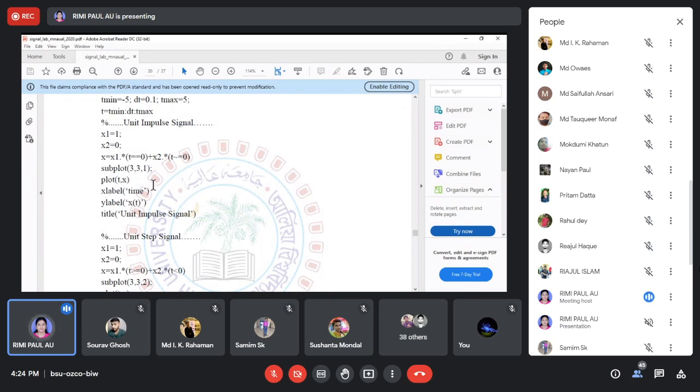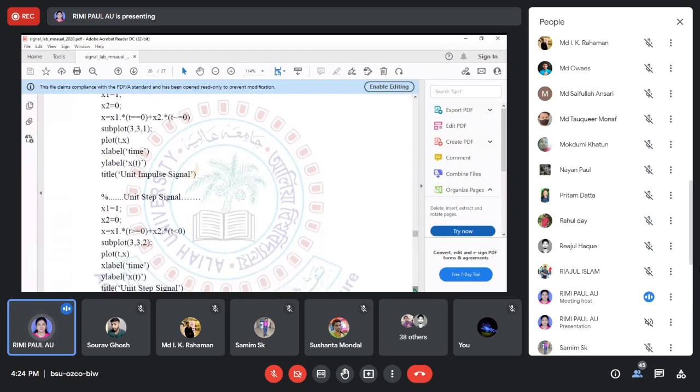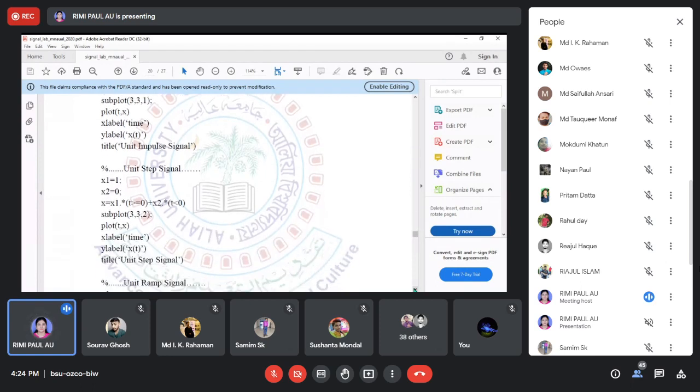So plot t comma x, xlabel, that means x-axis and y-axis, title unit impulse signal. So that is already over. For the unit step signal, I already mentioned that x1 is equal to 1 when t is greater than or equal to 0, and x2 is equal to 0 when t is less than 0. Not t less than or equal, t less than 0. And another is the subplot 3,2 to plot the unit step signal.